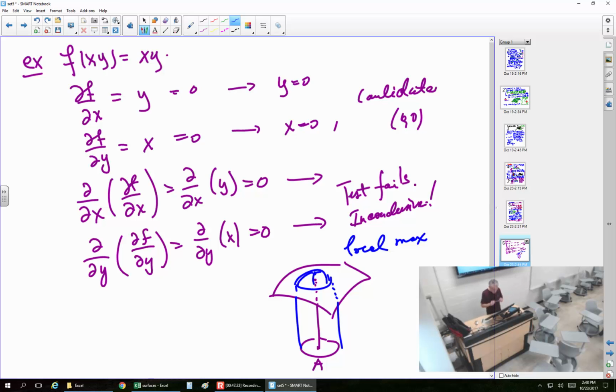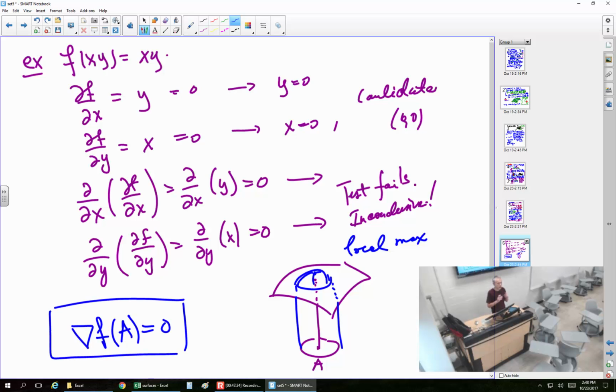I guess it's worthwhile to state that in this form, df at a is equal to 0. This is a necessary condition for the point a to be a local extremum. We're going to do a little bit of this next time, and then we'll do integration.